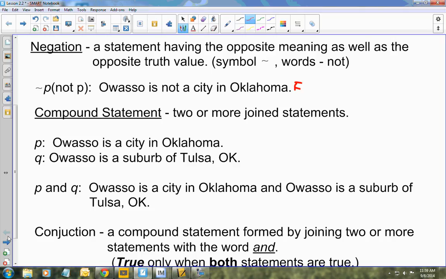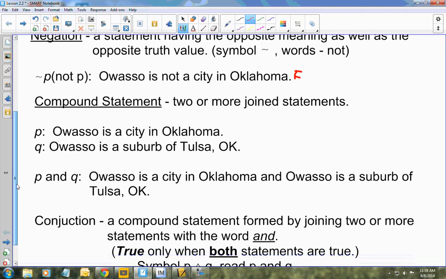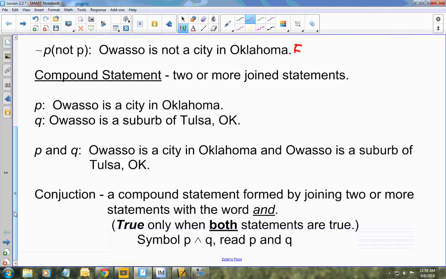That's a conjunction. And when you join two statements with the word and, in order for that statement to be true, both of those statements, P and Q, both have to be true. Remember, we had statement P, I created a new statement Q, and I put them together with the word and. This is a true statement, and this is a true statement. So when I join them together with the word and, I create a true conjunction.